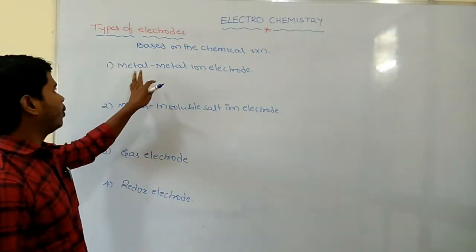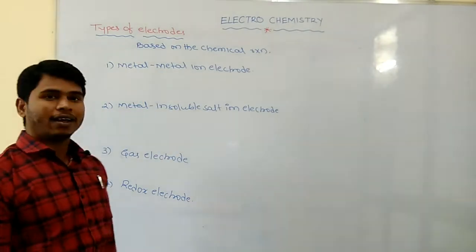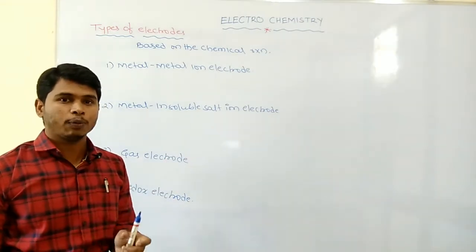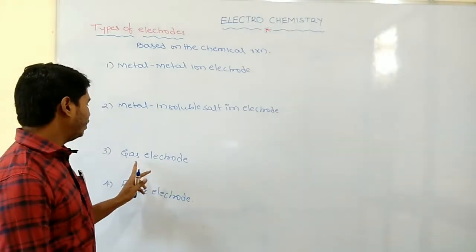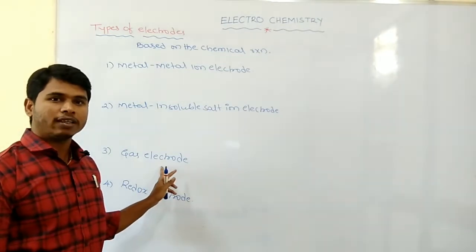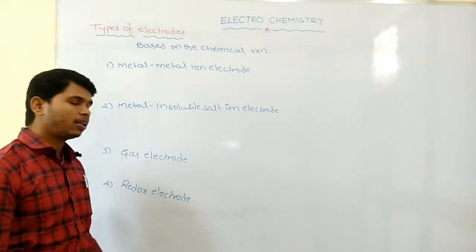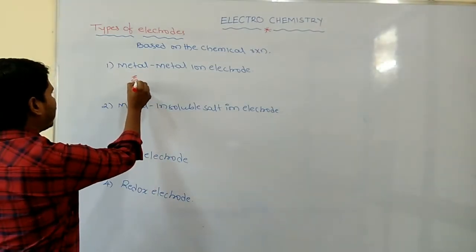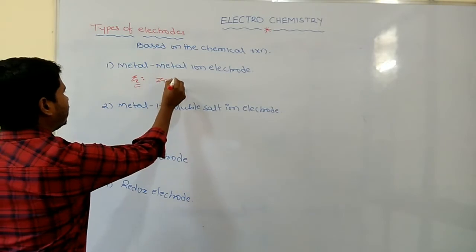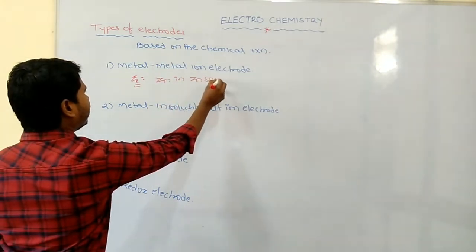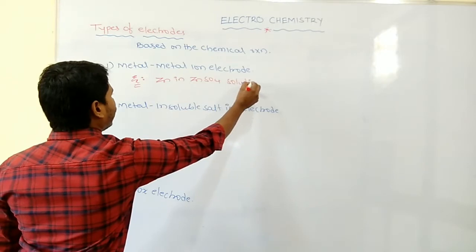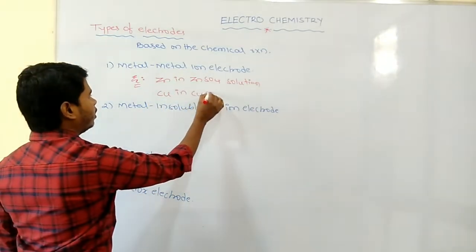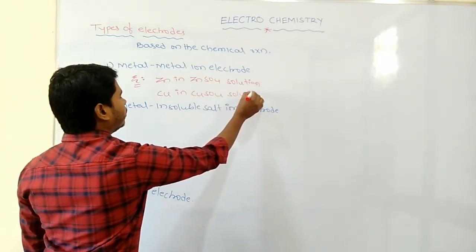Here the metal is completely soluble in metal ion; here an insoluble or sparingly soluble metal salt is taken; here gases are involved in the reaction; and here oxidation and reduction take place. Examples of a metal ion electrode are zinc in zinc sulfate solution, or copper in copper sulfate solution.